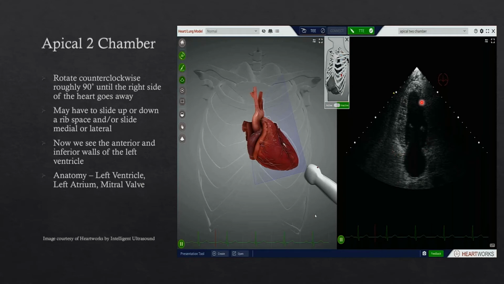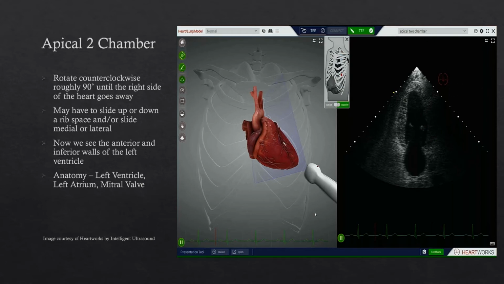Here we are seeing the anterior wall and the inferior wall of the ventricle, mitral valve here, left atrium right there. As you can see, our ultrasound beam is just transecting the heart now and completely cutting the left ventricle and leaving out the right ventricle, which is why we're only seeing the left side of the heart.